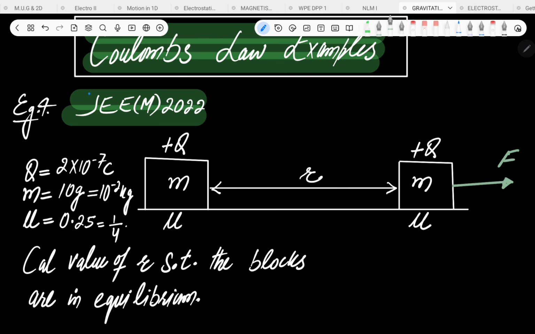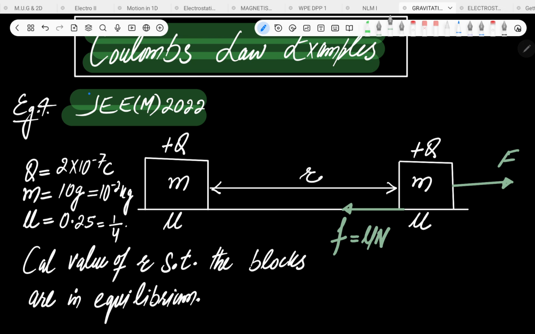Now since these blocks tend to push each other away, they try to repel each other, because of which the force of repulsion will be there, and the force of friction always resists the relative motion between the two surfaces in contact. So this is the direction of the force of friction, that is f. And you should know that this f is equal to mu into N. और ये N क्या होता है?